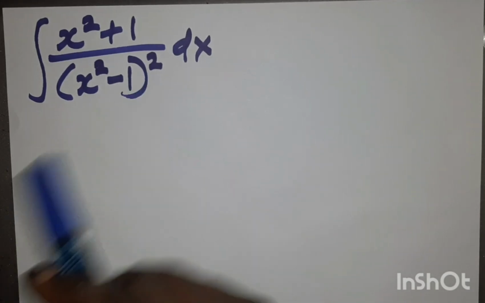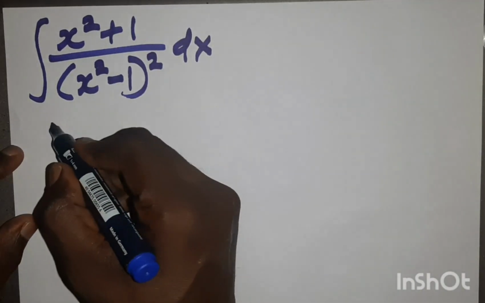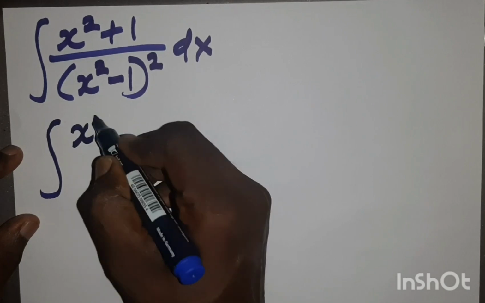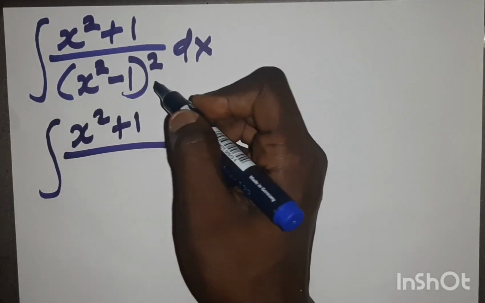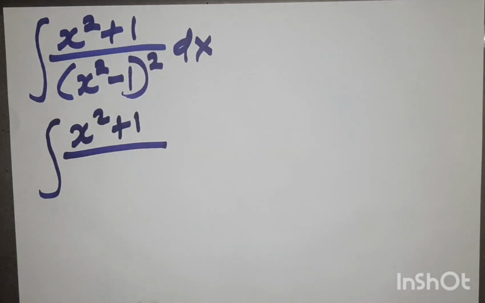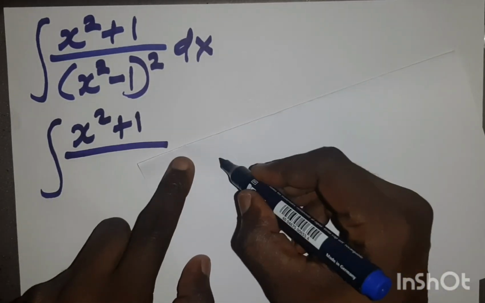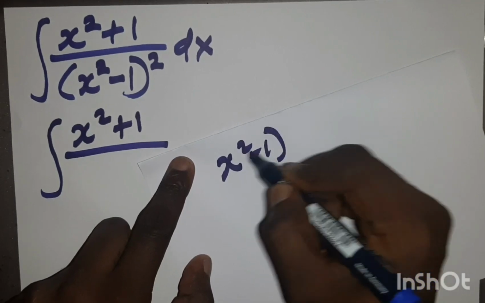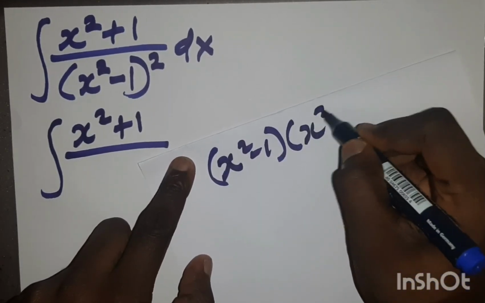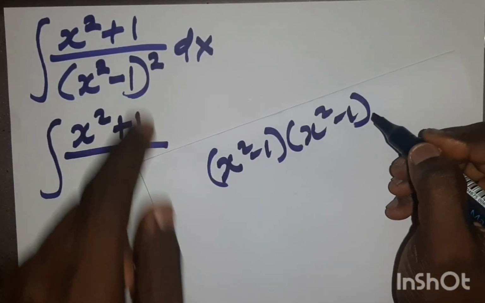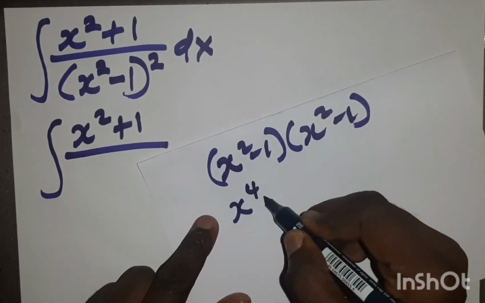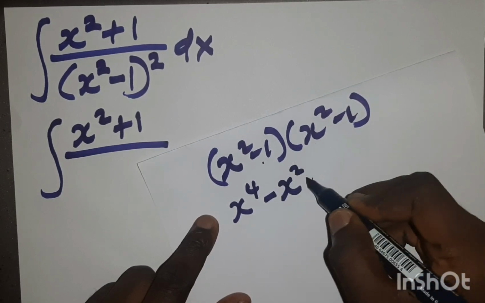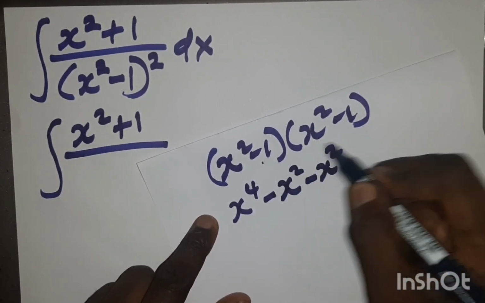So expanding this one, let me write this one again. You have the integral of x squared plus 1 over, then let me expand this. Expanding that, I have x raised to the power 2 minus 1 times another x raised to the power 2 minus 1, since it's raised to the power 2. So expanding, this gives me x raised to the power 4 minus x raised to the power 2 minus x raised to the power 2, then plus 1.